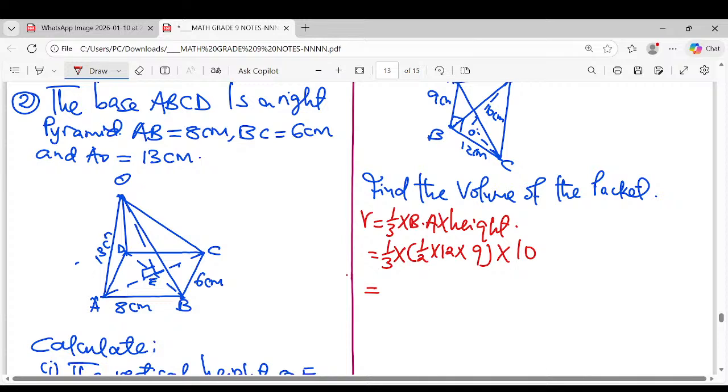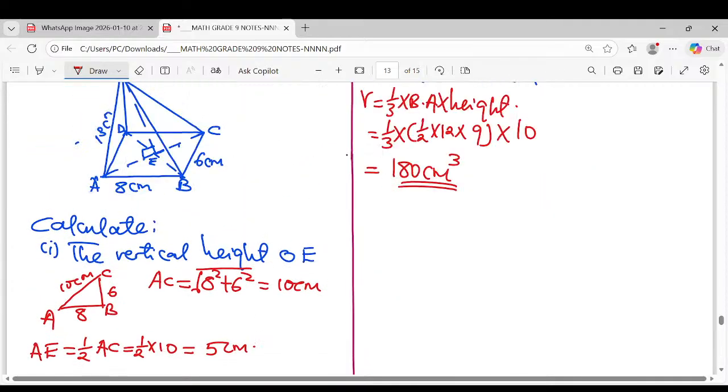Then when you use your calculator, that's a third times a half times 12 times 9 times 10. That gives you 180 cubic centimeters as the answer.